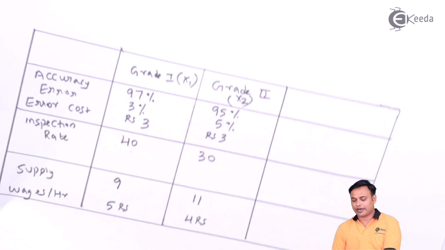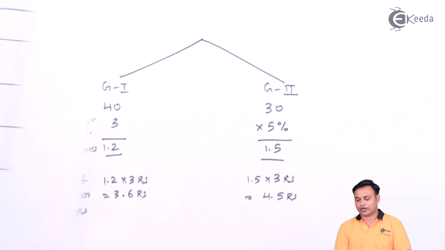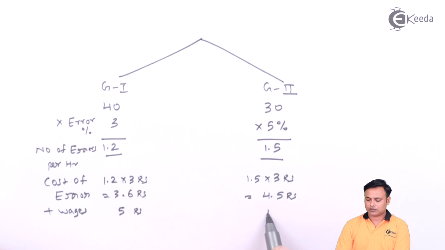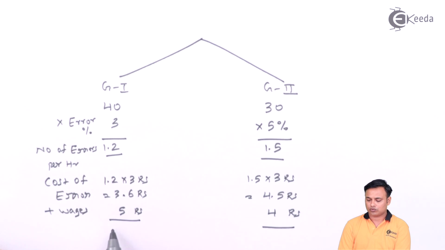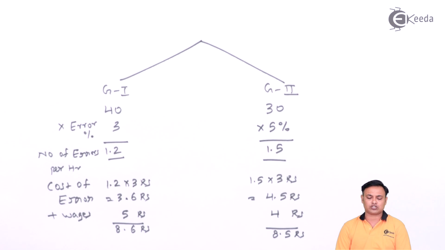The wage rate is 5 rupees for grade 1 and 4 rupees for grade 2. So 5 rupees and 4 rupees for grade 2, which comes to 8.6 rupees per hour and 8.5 rupees per hour. These are my basic calculations for the cost per hour I'm going to incur on each of the workers.